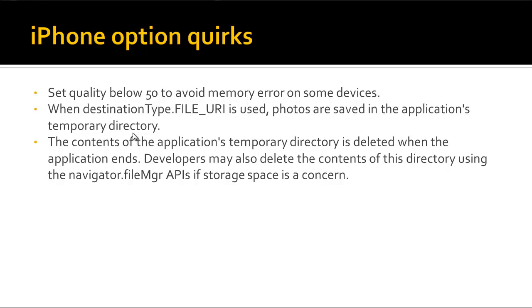Obviously it's not a permanent measure. You'd have to do something more to actually save that image onto the device. So that's a little bit of a downer. Also, if you want to, you can use the navigator.filemgr, basically a file manager API, to delete the file if the storage space is a concern.